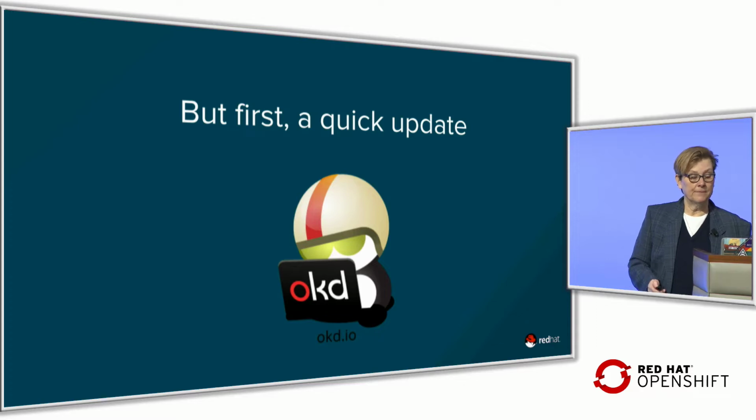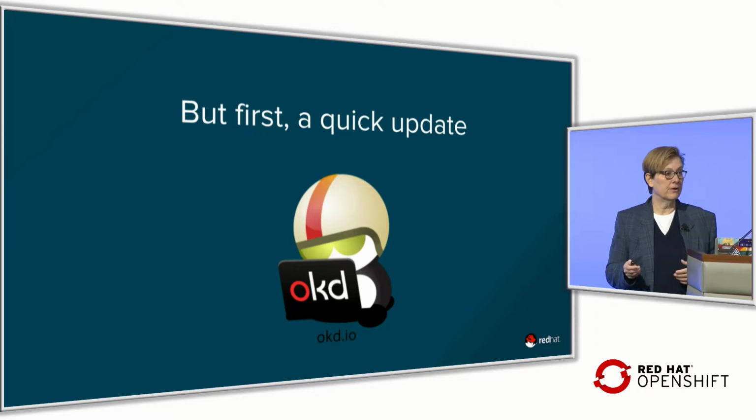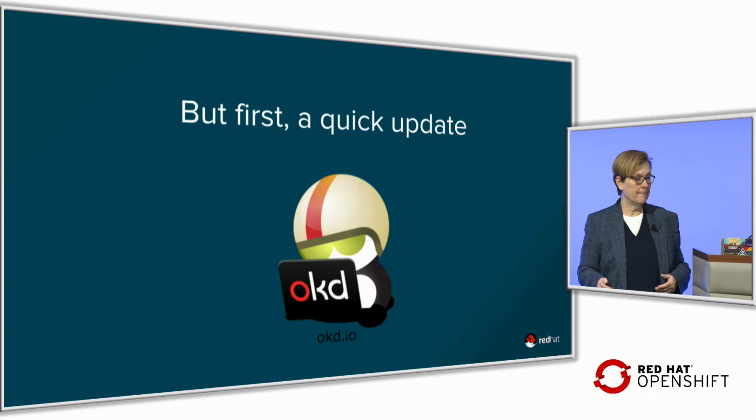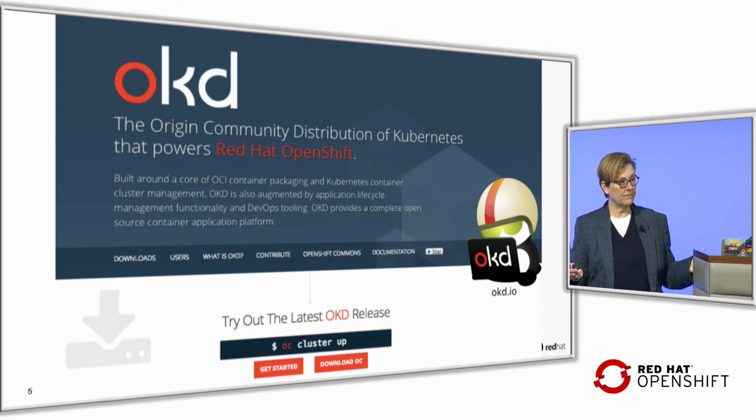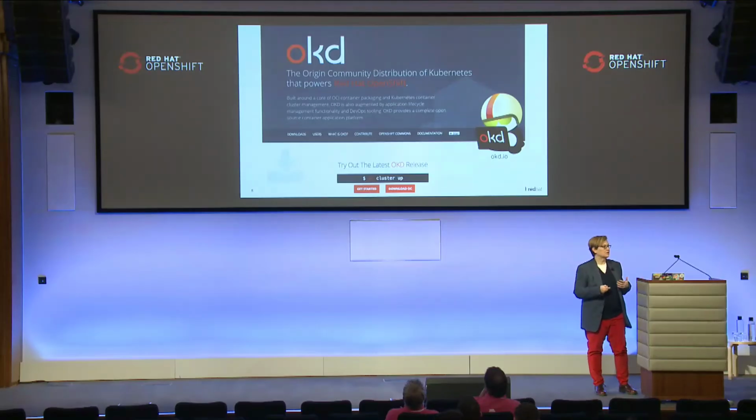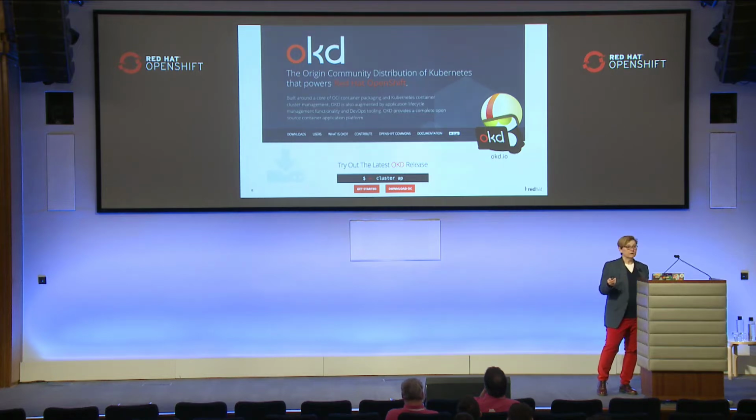Your feedback is essential to this process, so we're really hoping to get that. So a quick update. You may have noticed floating around the internets again this cute little panda. The cute little panda signifies a renaming of OpenShift Origin to OKD, which represents our changeover to being a Kubernetes distribution.